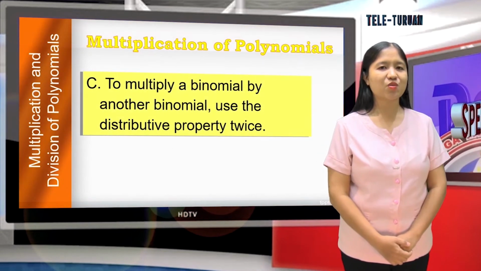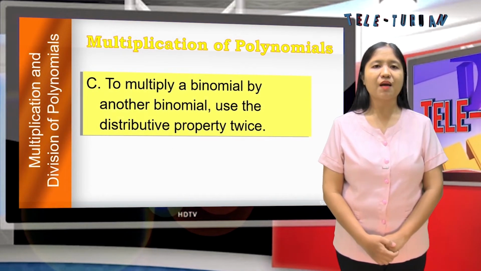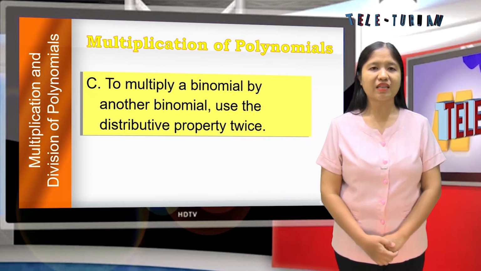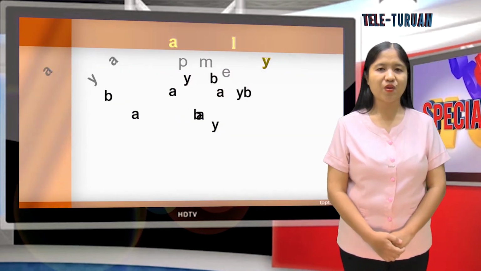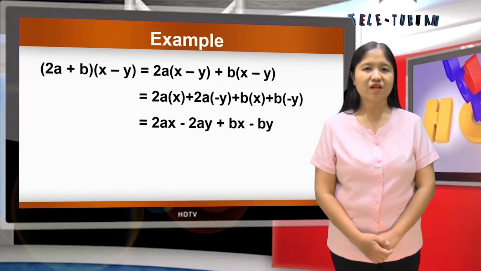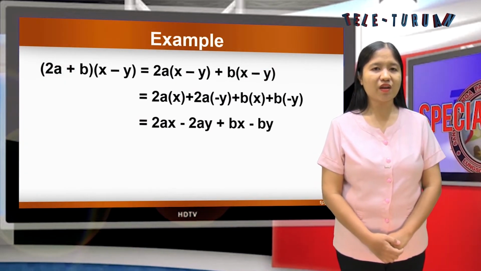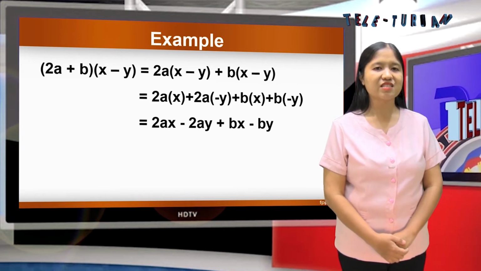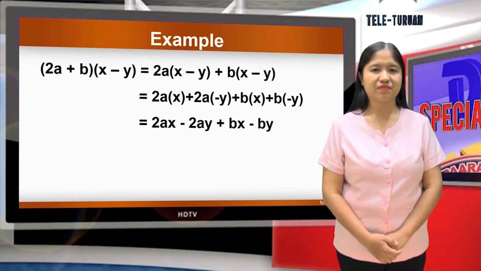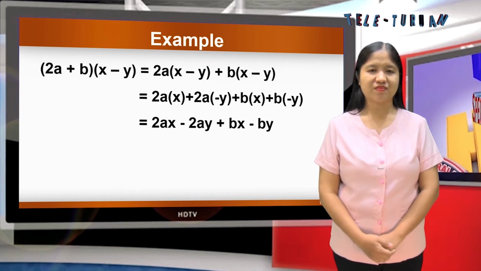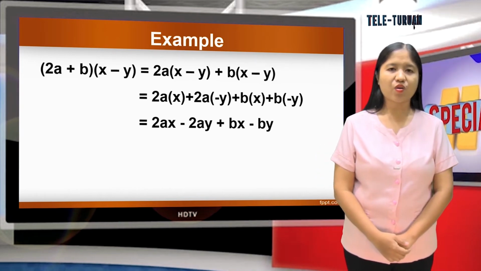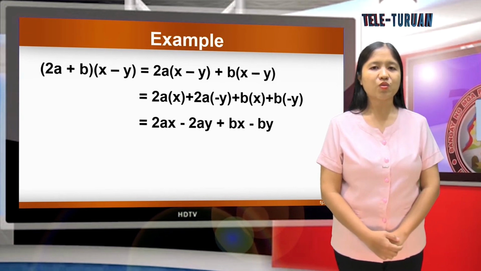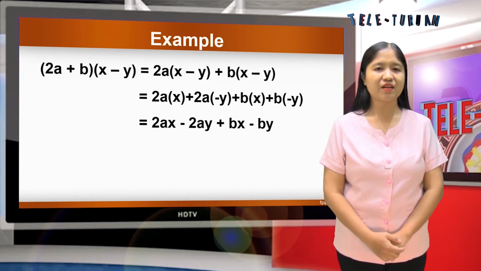One more way is to multiply a binomial by another binomial. We use the distributive property twice. For example, we have the quantity 2a plus b times the quantity x minus y. What will we do? That's right. We are going to distribute the first term of the first binomial to each term of the second binomial.